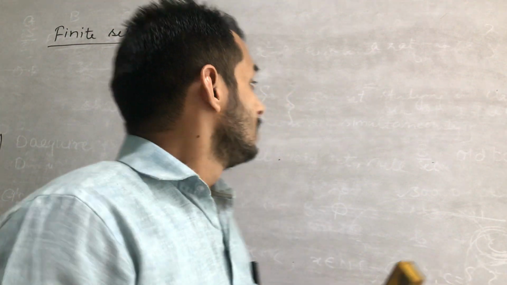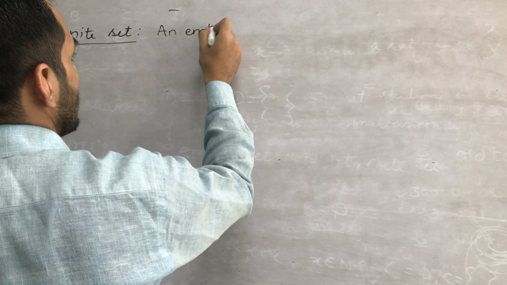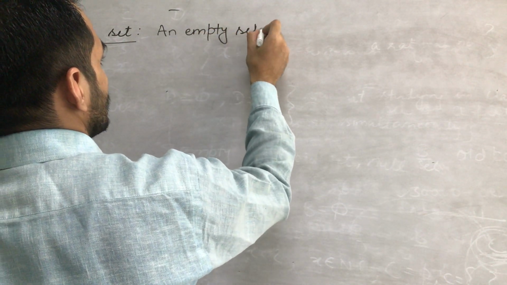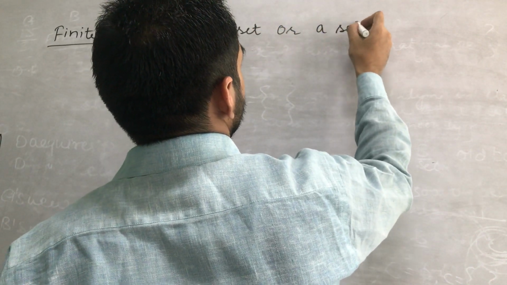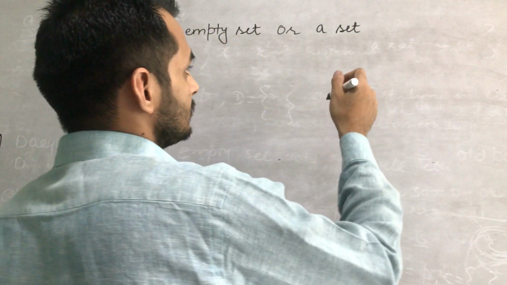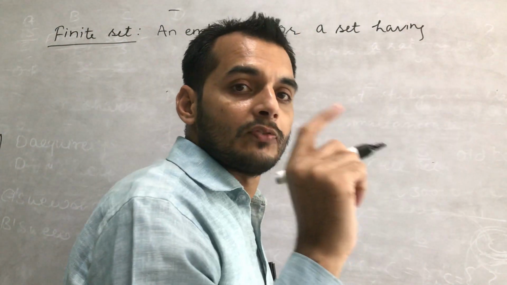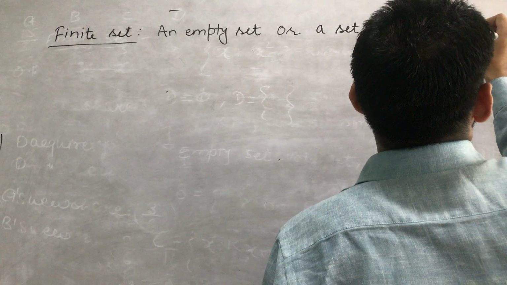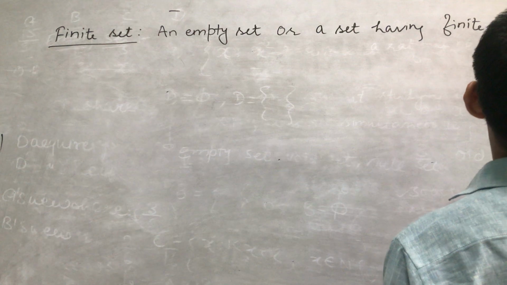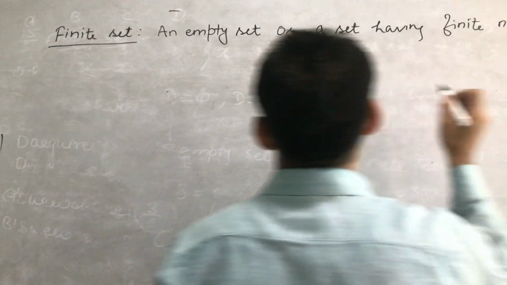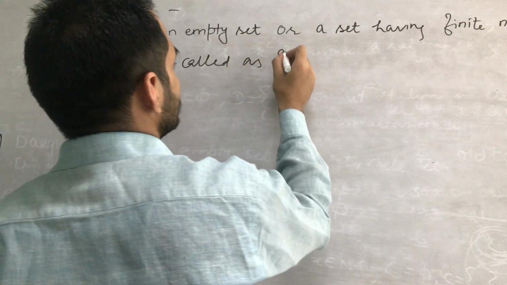So an empty set or a set having a finite number of elements is called a finite set.